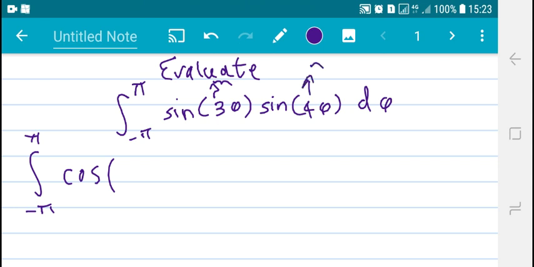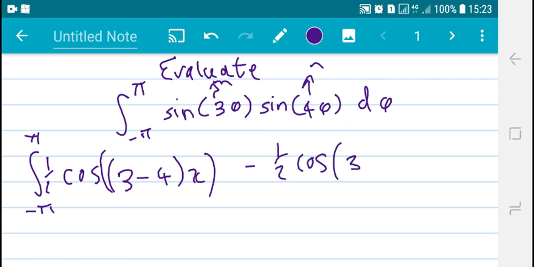So it should be a half of cosine of 3 minus 4x, minus a half of cosine of 3 plus 4x dx.